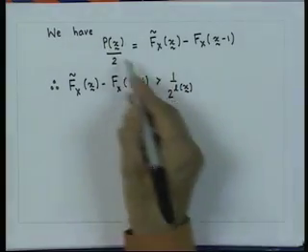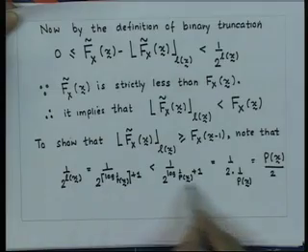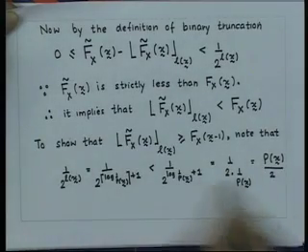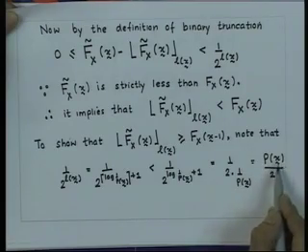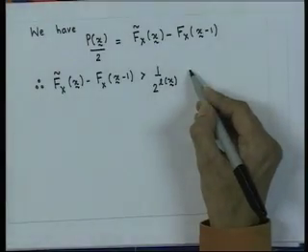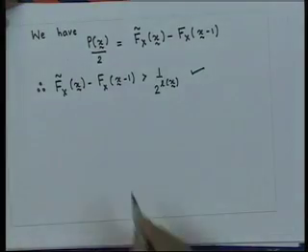So, from this relationship and this relationship which we have derived, 1 by 2 to the power L(x) is less than P(x)/2, we get this relationship.